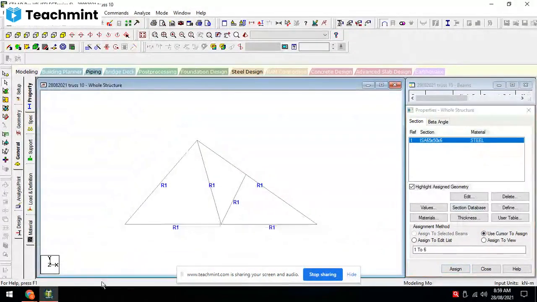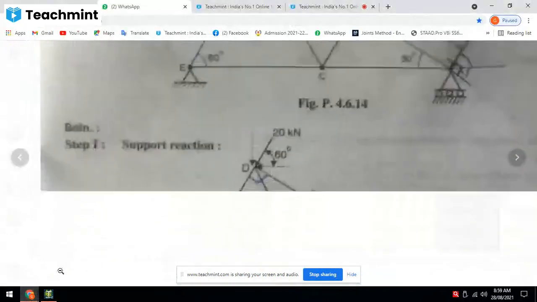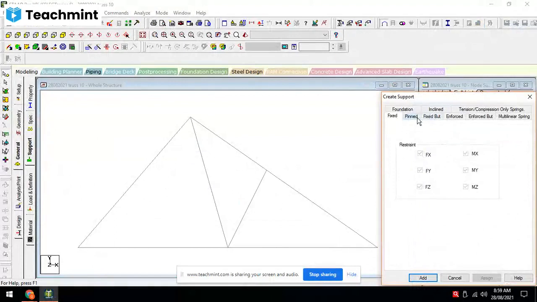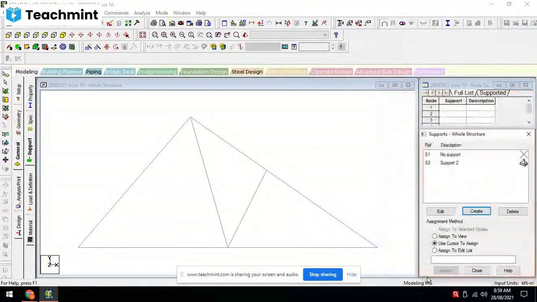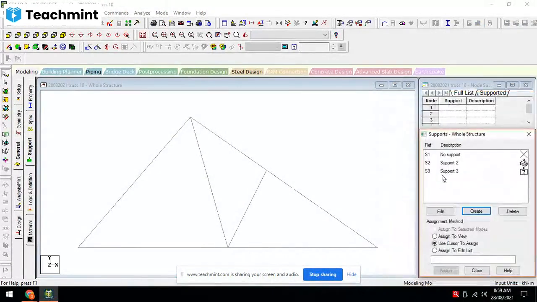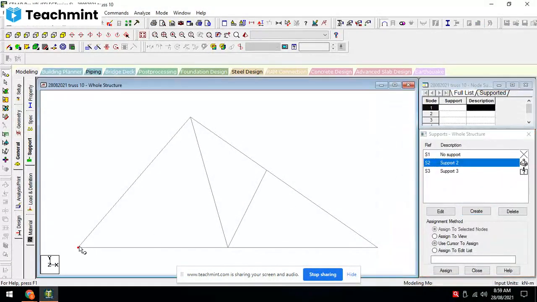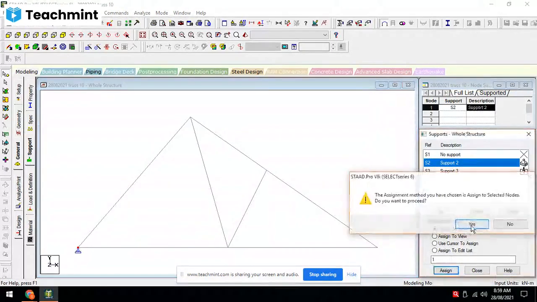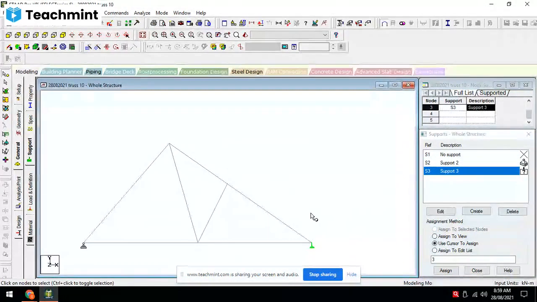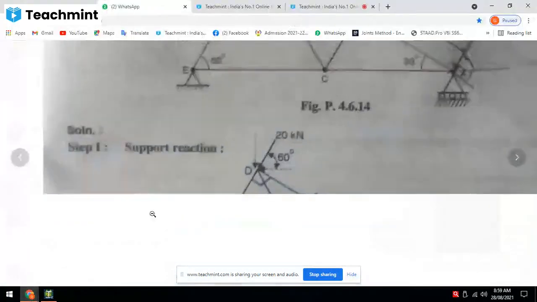Next, left is hinge and right is roller support. Support, create, pin, add, create, fixed but, except FY, all must be clicked. Then click on this left support, assign to view, assign, and then for right, assign to view, assign. Now material properties are assigned.